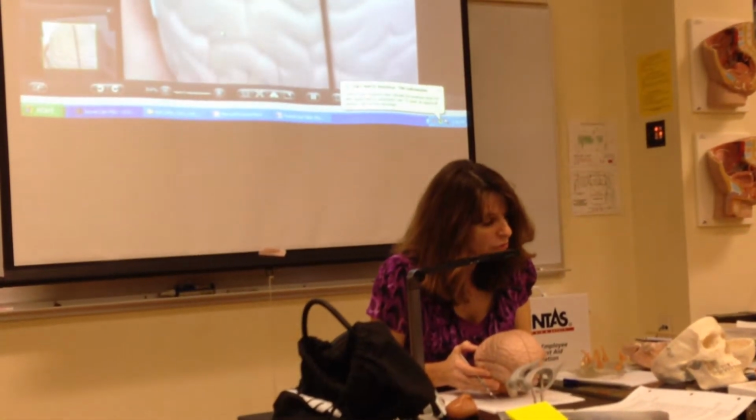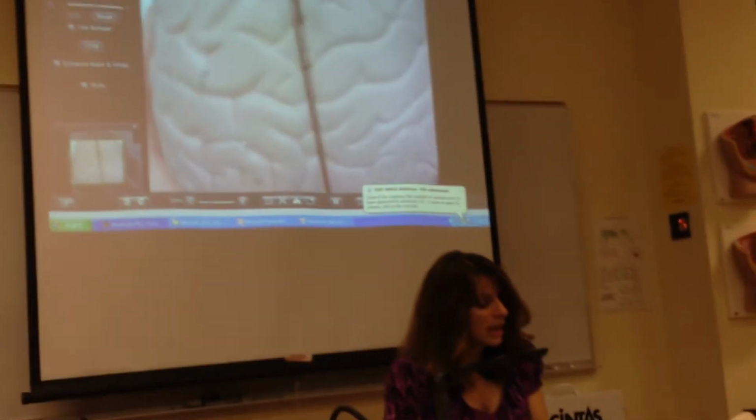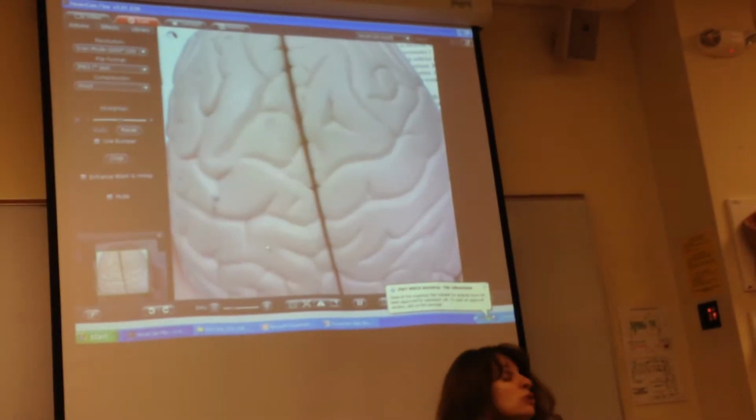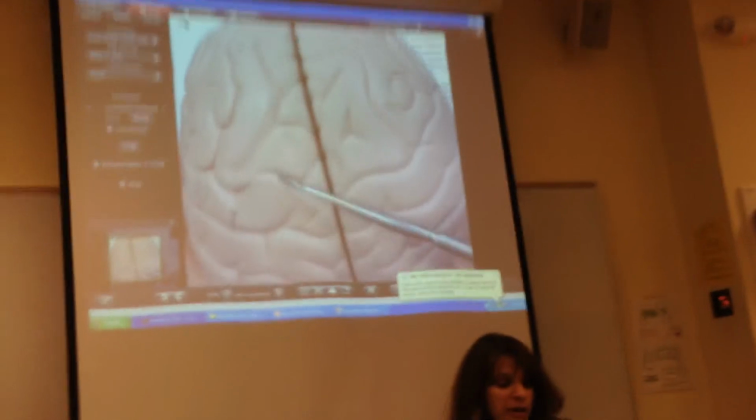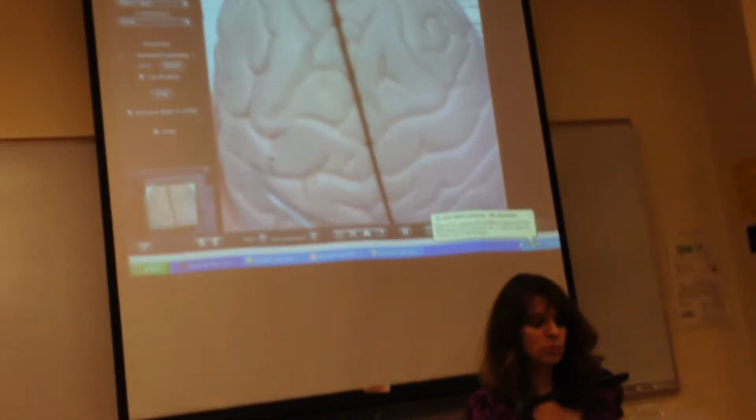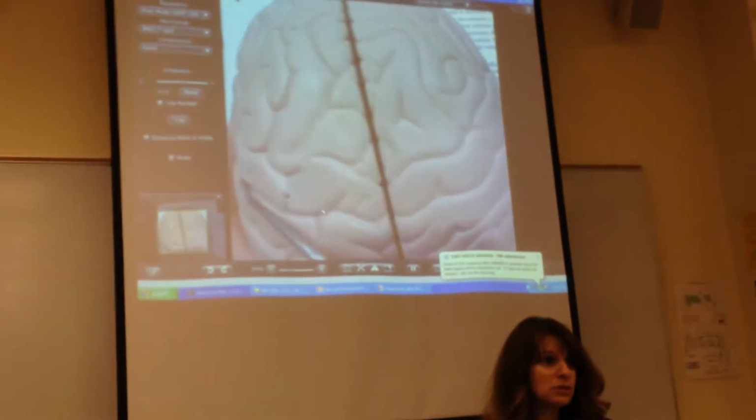I'm trying to get it on your screen. Can you see a sulcus that goes all the way across? Would it be this one right here? No. Would it be this one right here? Yes. So this is the central sulcus.